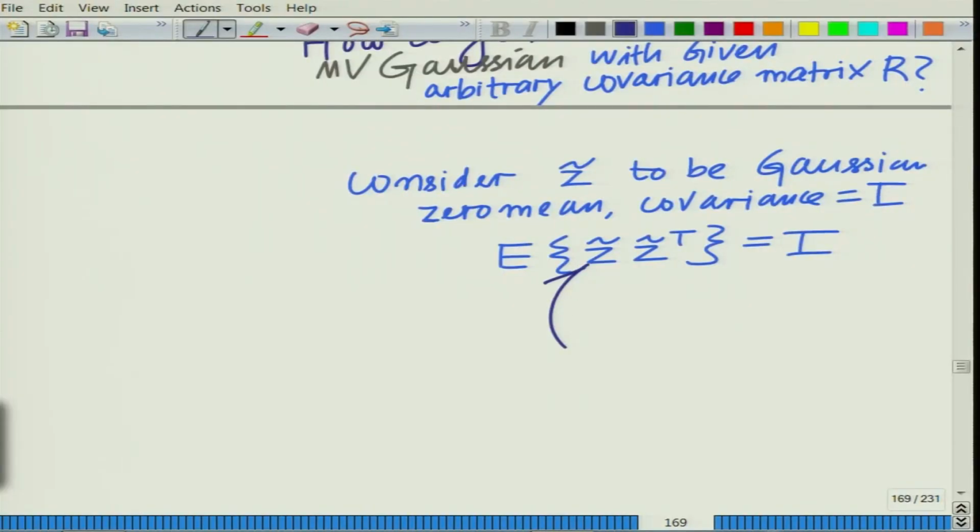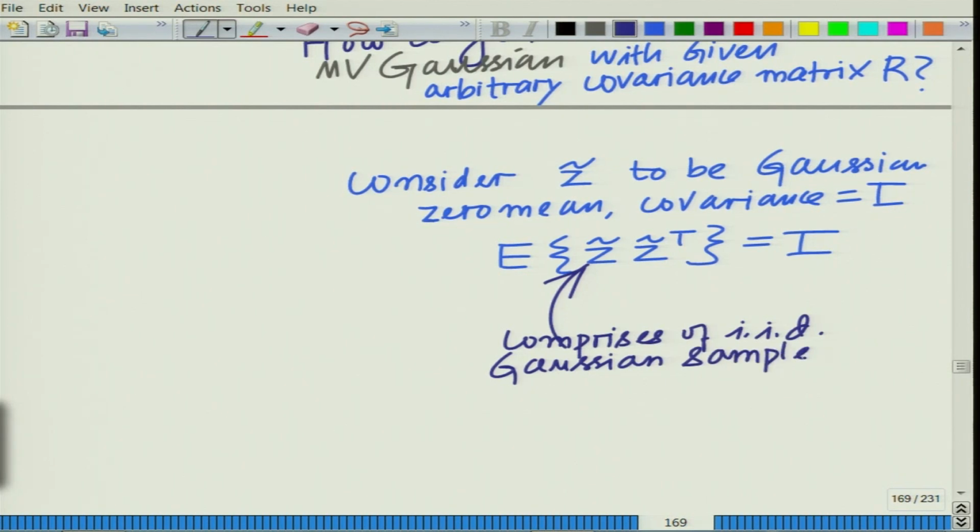So, essentially z tilde comprises IID Gaussian samples, mean equal to 0, variance equal to unity.